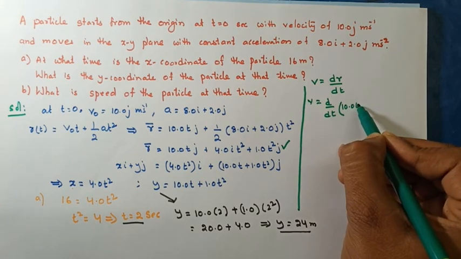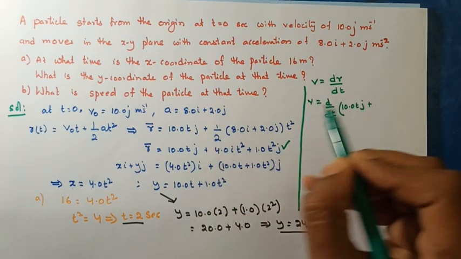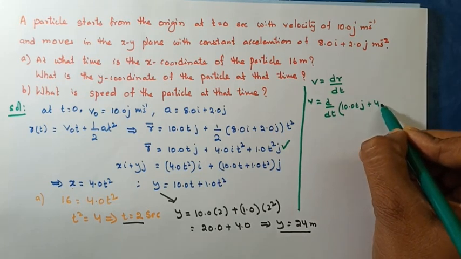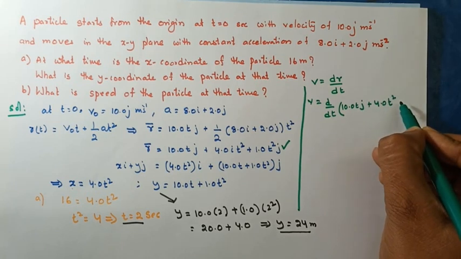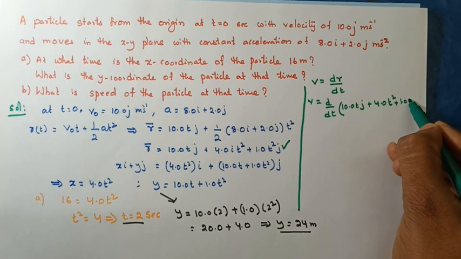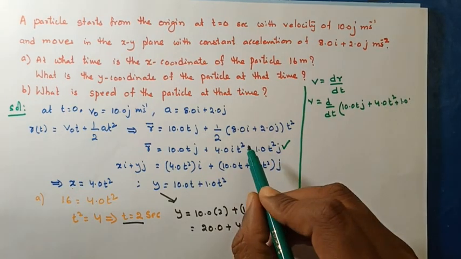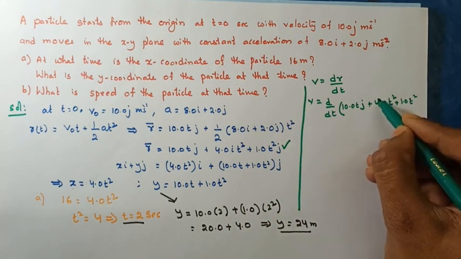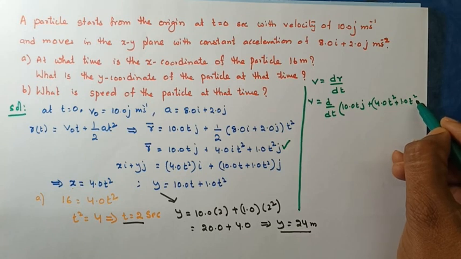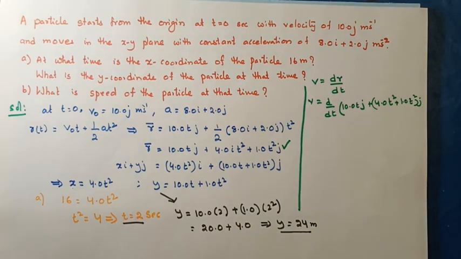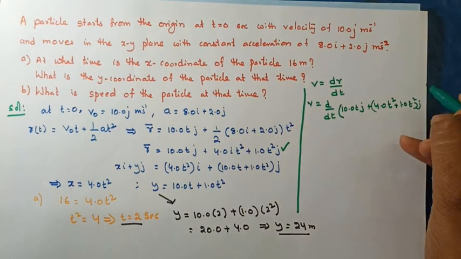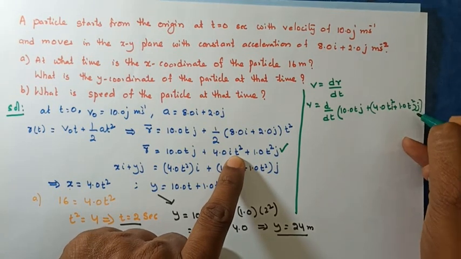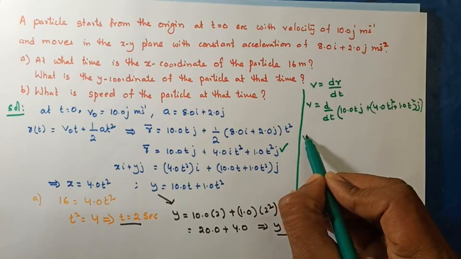10.0 t j plus (4.0 t squared plus 1.0 t squared) i. Simply we need to differentiate.